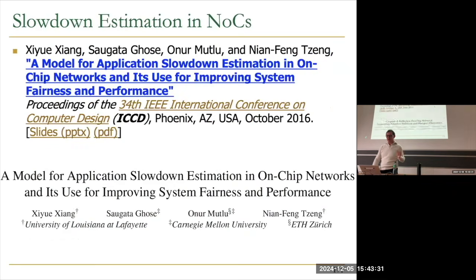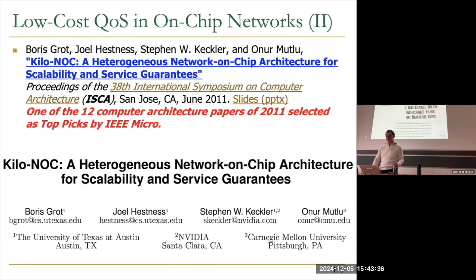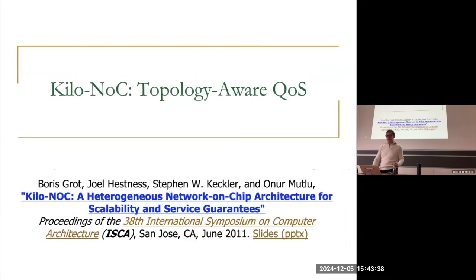Okay, there's more work that I'm not going to talk about over here that is really interesting, but we don't have time. Let me give you one more thing, because I'll do this very quickly. I don't want to go through a lot of detail, but this is also another example of rethinking how to design a network such that you can optimize for a very large scale network, and constraints like quality of service are going to be more important.